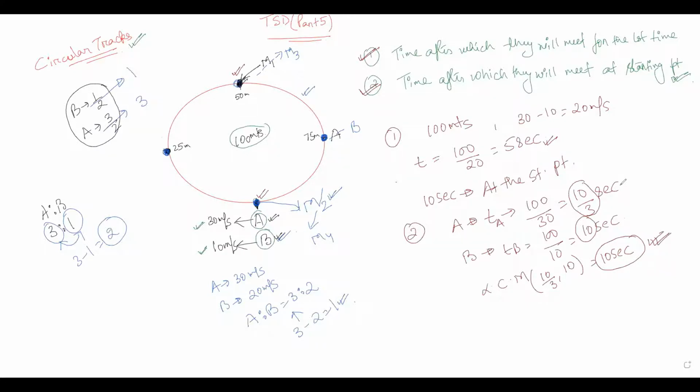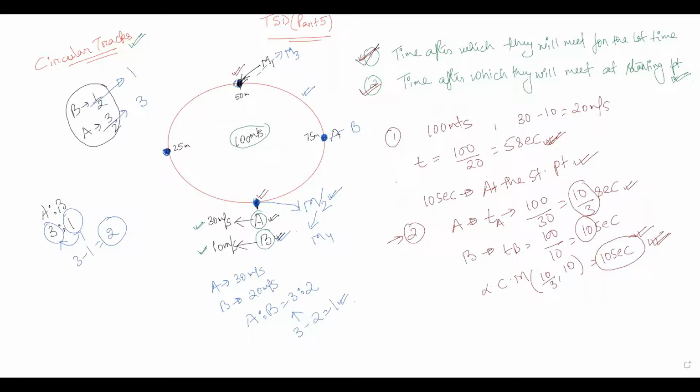So there are 2 ways by which we can find the time to meet at the starting point. First is simply find the time to meet for the first time and multiply it with the number of meeting points, and the other is simply find the individual person's time to reach the starting point and then take the LCM to find the time for their meeting point at the starting point.